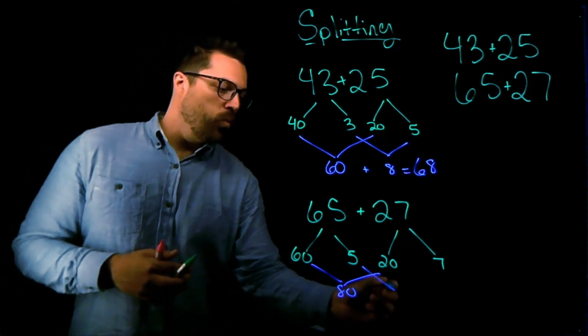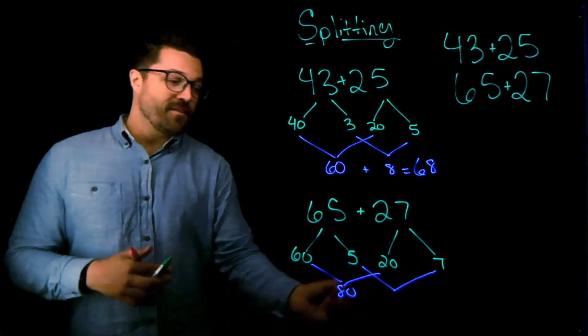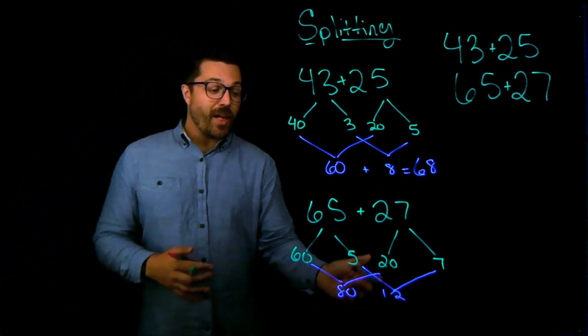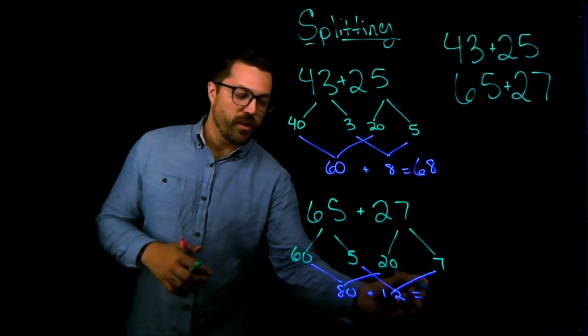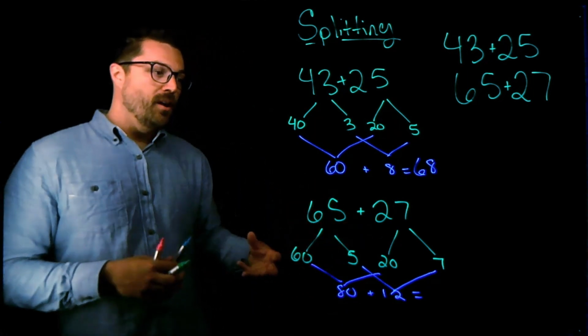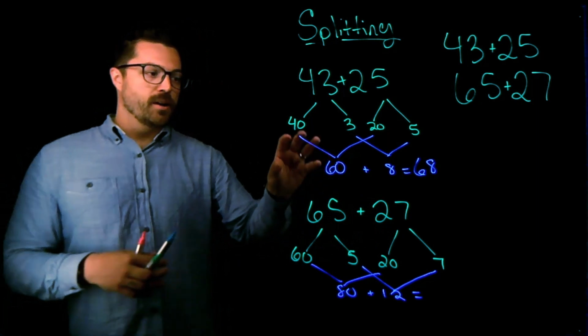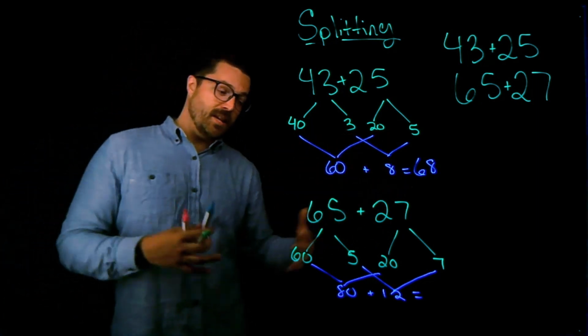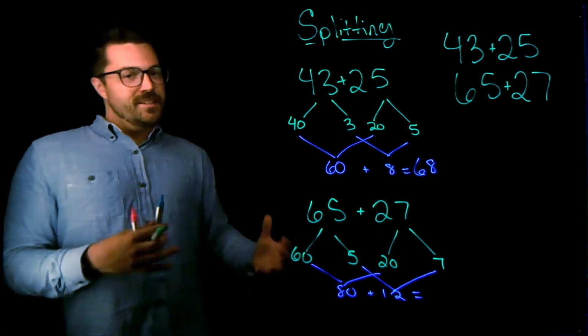We'll combine our ones, 5 and 7 give us 12. And so we can still add 80 plus 12 here, that's not a problem, but we might need to go a step further for some students, where 60 and 8, we just say 60 and 8 is 68, that makes sense. 80 and 12 isn't 80, 12.